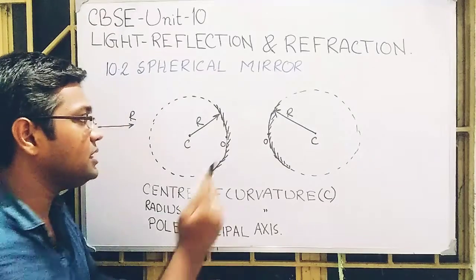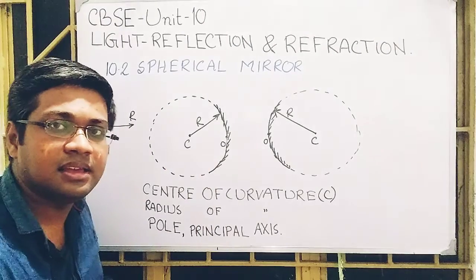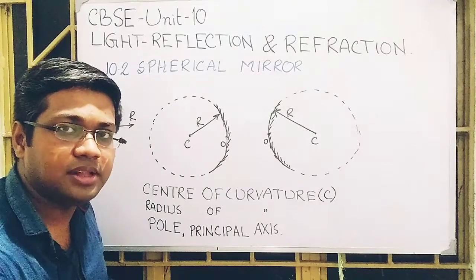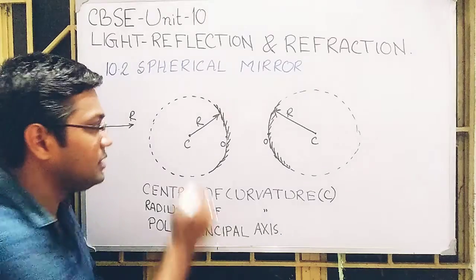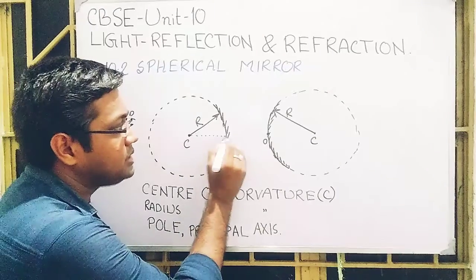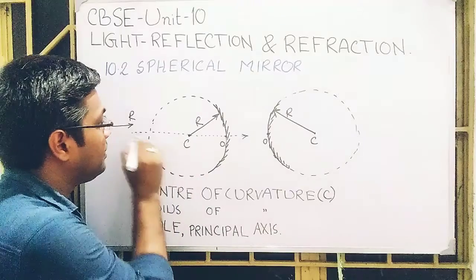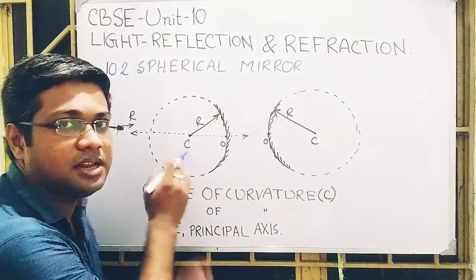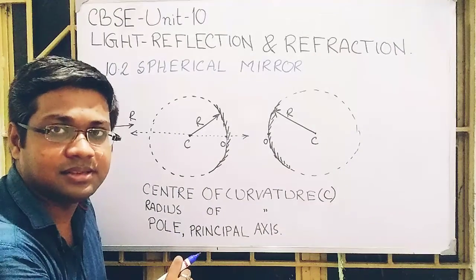Here there are 2 points, one is O and another is C. If we connect these 2 points, we will get a straight line, and if we extend it in both ways, then this thing is called the principal axis.